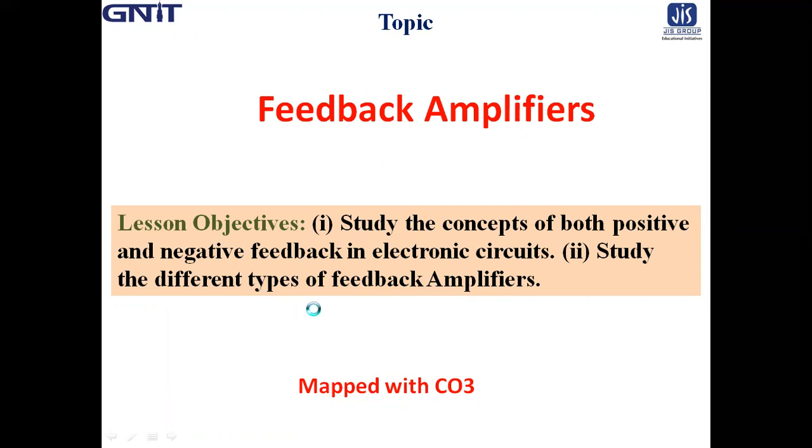Study the different types of feedback amplifiers. And today's topic is mapped with CO number 3. So let us start lecture number 2 from the 5th module, that is feedback and operational amplifier, with the topic of different types of feedback amplifier.